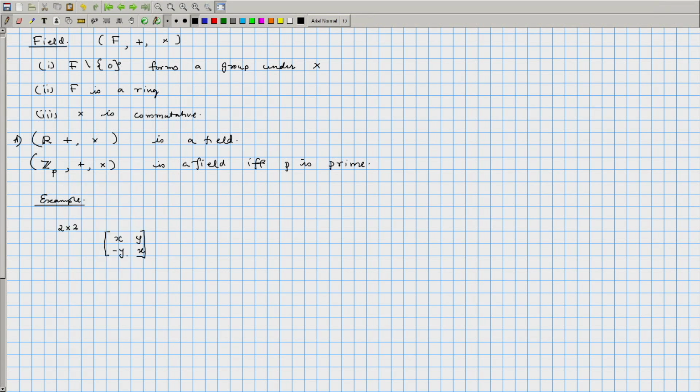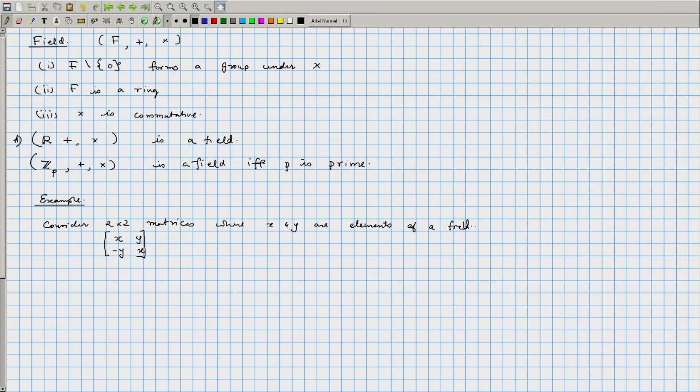So, look at 2 cross 2 matrices of this form, where x and y are elements of a field.